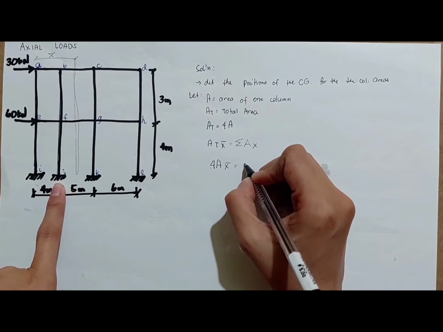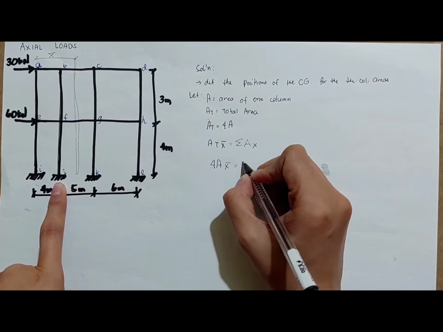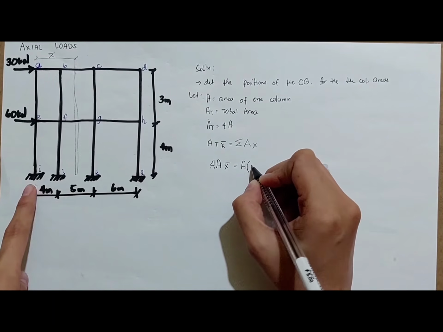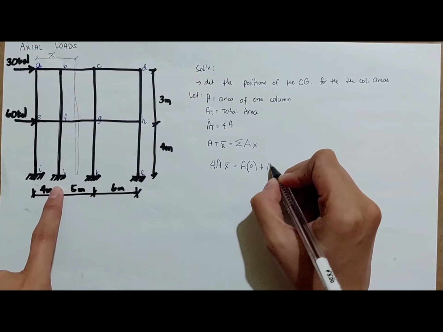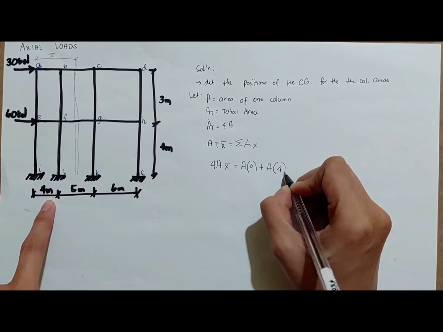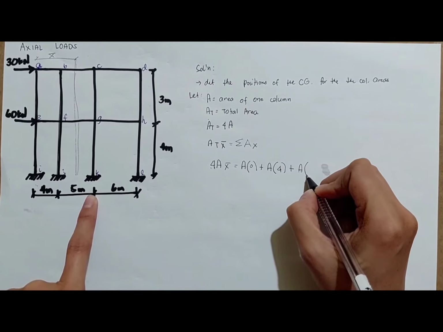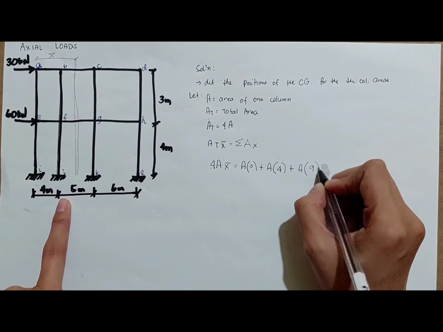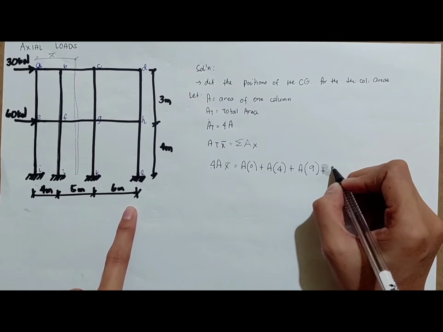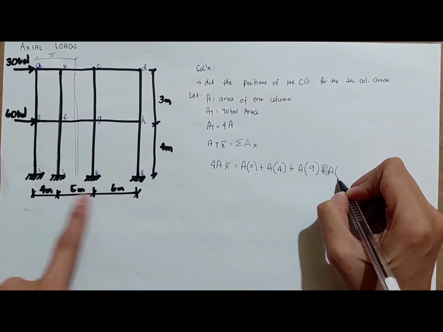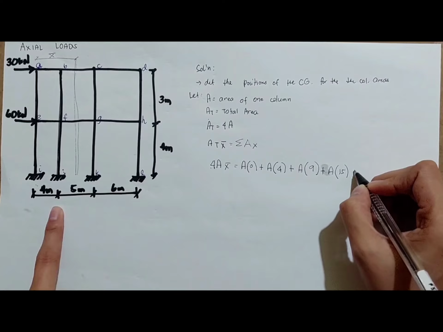So, dito tayo sa pangalawang A. So, we have to put A multiplied by 0 naman na yan, plus A multiplied by 4, yung distance, plus this one, A multiplied by 9, plus we have A multiplied by 15.